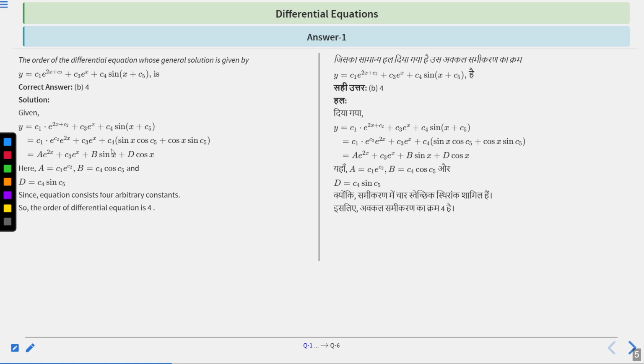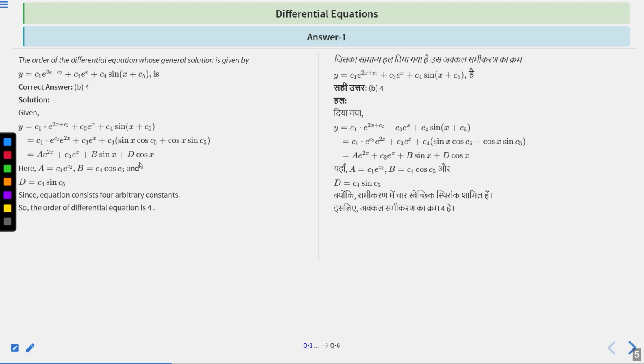Therefore, see, c1 into e to the power c2 is basically taken as one constant, which we call a. Therefore, it is a into e to the power 2x plus c3 e to the power x plus, now c4 and cos c5 is basically one constant, which is assumed to be b. Therefore, b sin x plus, now c4 into sin c5 is basically one constant, which is d.